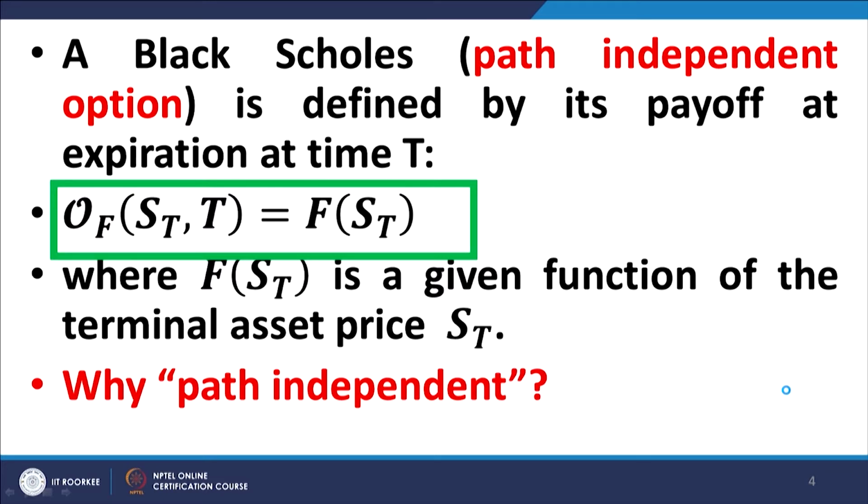You may note carefully that the payoff is defined only in terms of the value of the underlying asset at maturity of the option, which is represented by capital T. F(S_T) is a function of the terminal asset price S_T, the price of the asset on the date of maturity of the option. So, that is important.